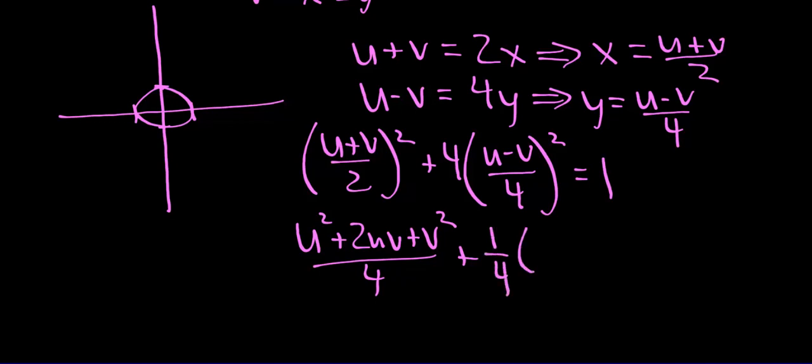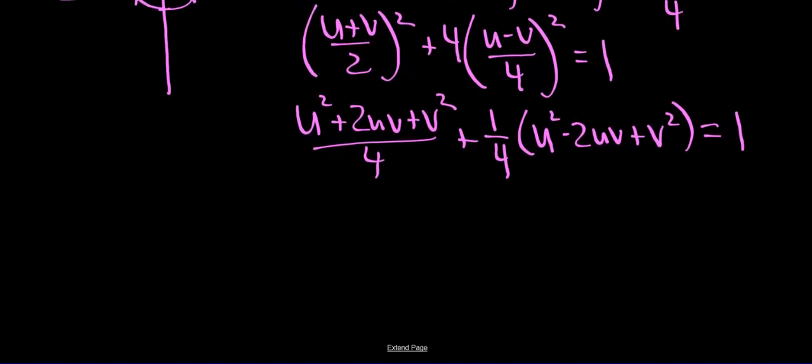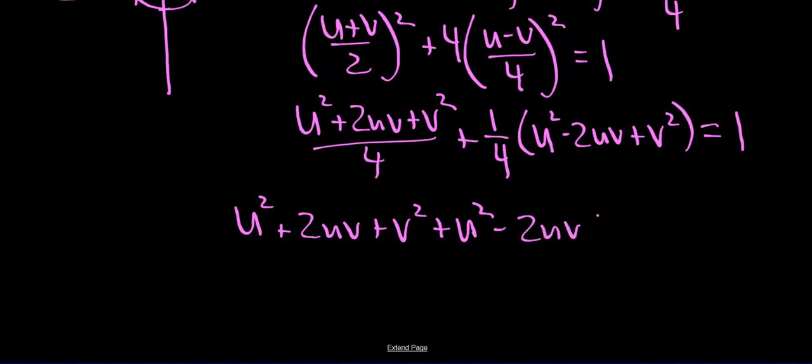And this is going to be u squared minus 2uv plus v squared equals 1. Now I'll just multiply through by 4, and I'll get this. u squared plus 2uv plus v squared plus u squared minus 2uv plus v squared equals 4.